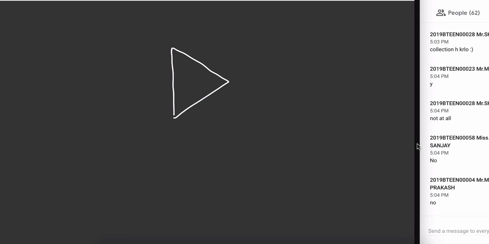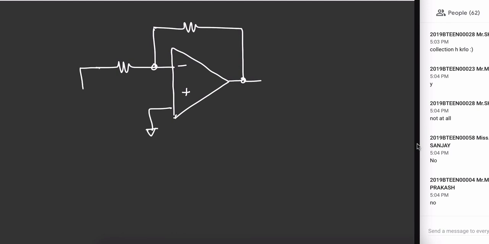Anyway, so let us do it. Same circuit, no change. The only change is that the battery is reversed, minus plus 1 volt.